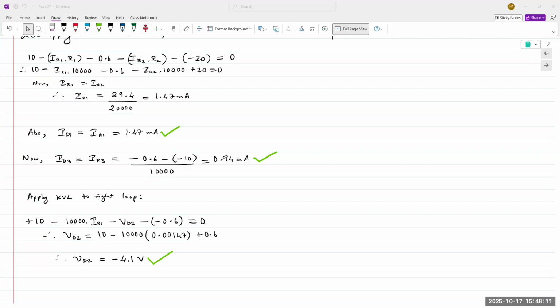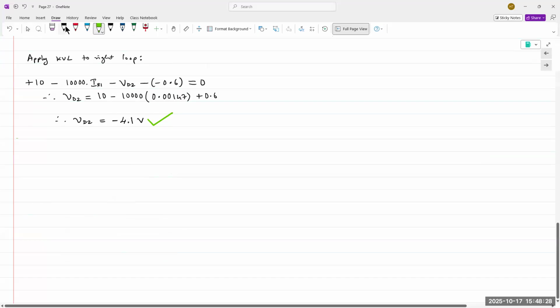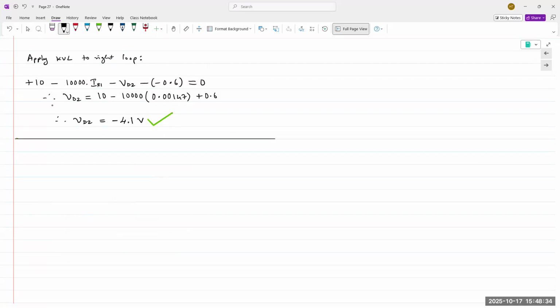All right, the Q points. So the question originally was, find the Q points in the three diodes by assuming ideal diode analysis. So the three Q points. For D1, ID1Q is 1.47 milliamps and 0 volts.